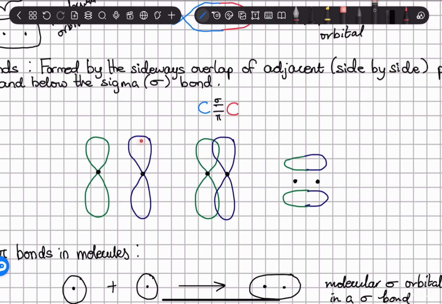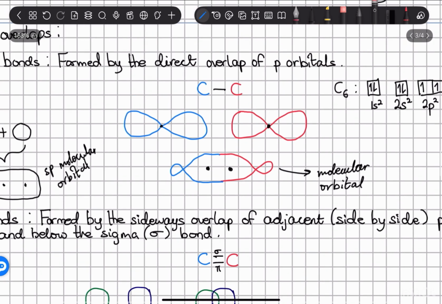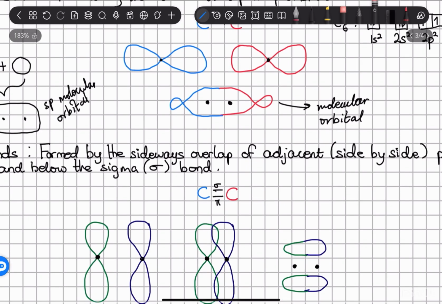So we have these two p orbitals, which are upright, and then they collide side by side. This is called a head-on collision because they're both colliding directly with each other, as in facing each other. These lobes face each other directly, so it's called a head-on collision.